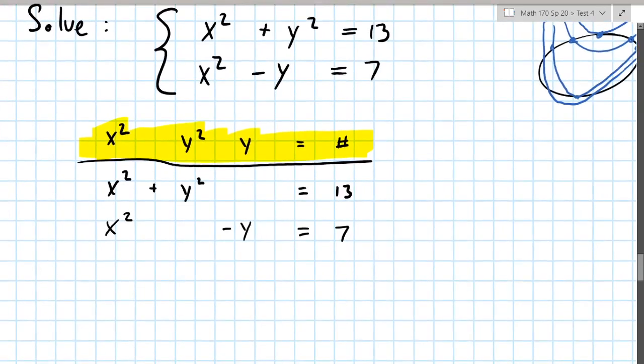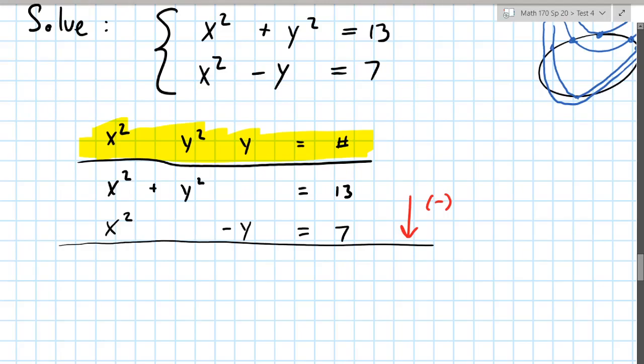So if we look at that and we think we want to do some eliminating, if we multiply the second one by a -1, we'll be able to eliminate the x squareds. That would be the same thing as saying, let's just subtract these two lines. It's the same as multiplying the second by a -1 and then adding them.